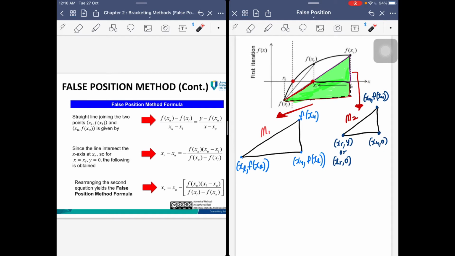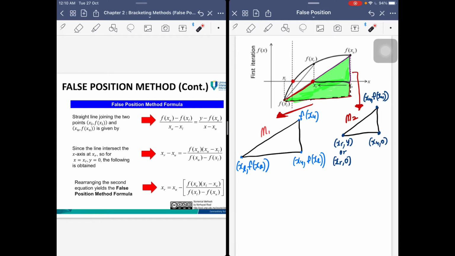By joining FSL and FSU with a straight line, our aim is to get the formula for this SR. Actually from here we have two triangles, the smaller one here and the bigger one here. All this formula actually comes from the calculation of the slope.